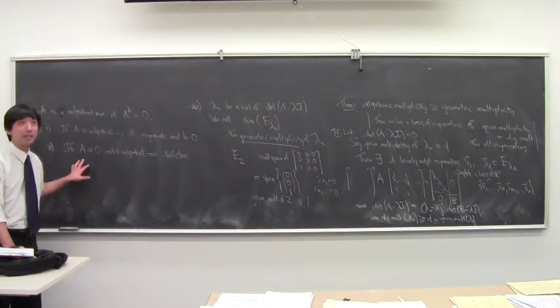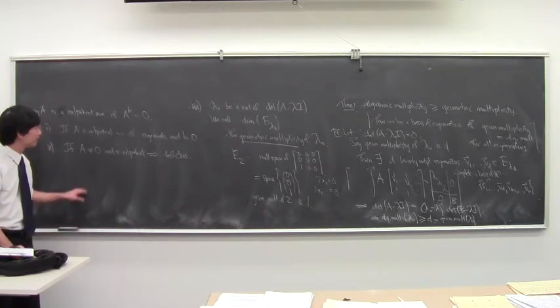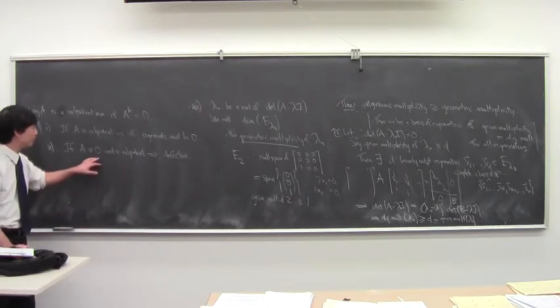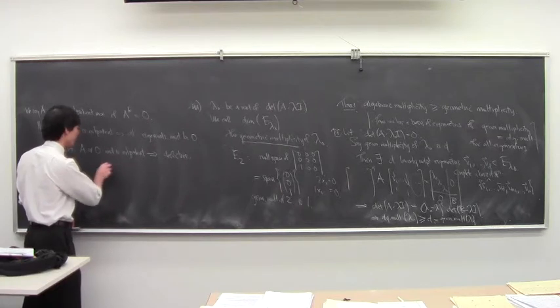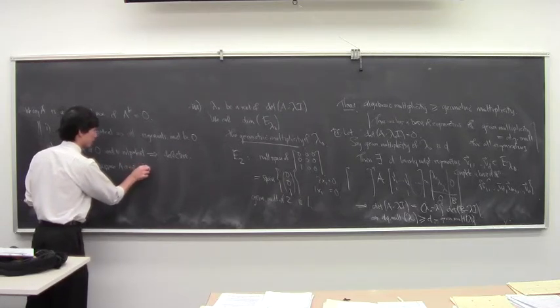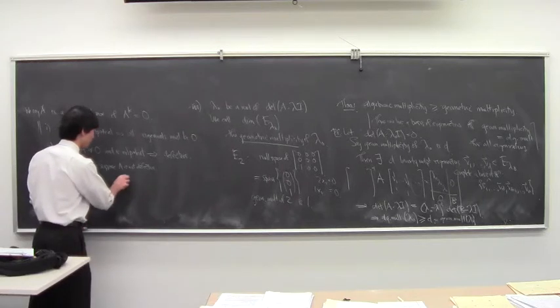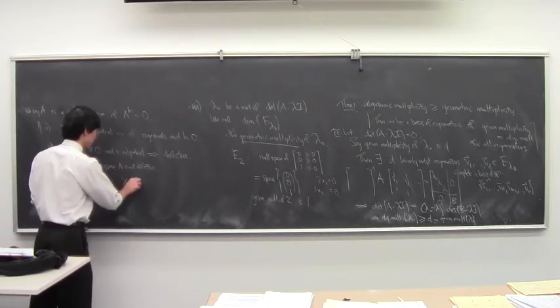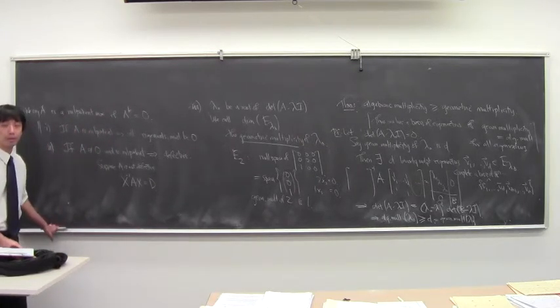So anybody have any idea? We have 1 minute. So here's one way you might do the second. Suppose A is not defective. In that case, you can conjugate it and get a diagonal matrix.